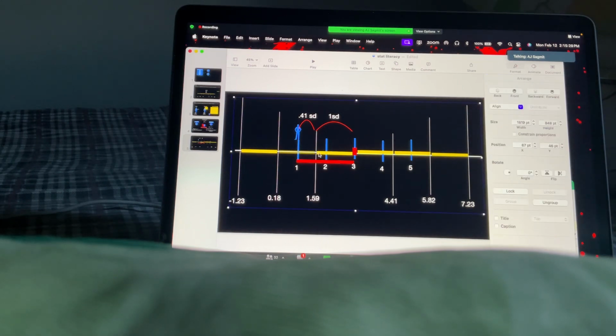Anong standard deviation? We're saying a typical DLSU student would have a score below the mean that is 1.41 units. So if the score of a DLSU student is below the mean, we would theoretically expect that his score will differ from the mean by 1.41 units.